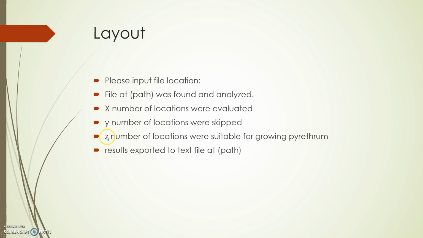So then in terms of an output layout, we'll have a certain number of locations that were evaluated, a certain number that were skipped, and then we'll output the number of locations where it is suitable for growing pyrethrum. We'll also share with the user where our text file will be stored so they can go look it up.